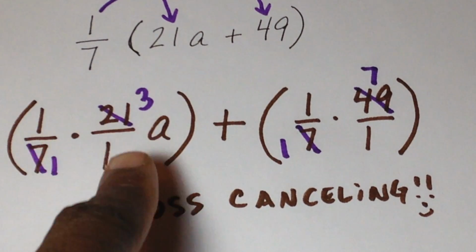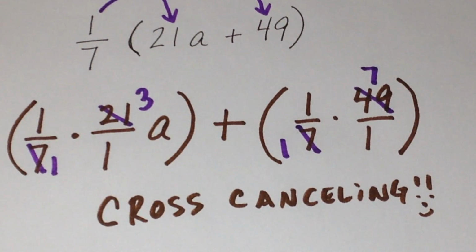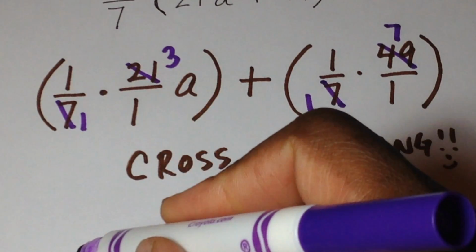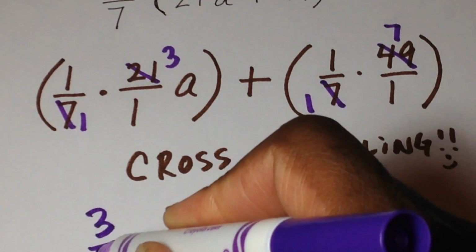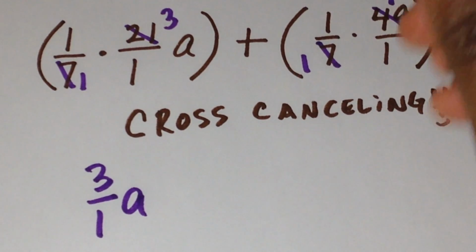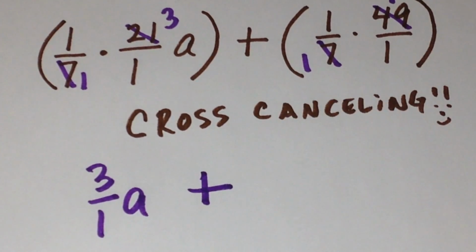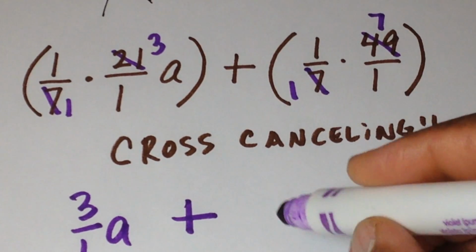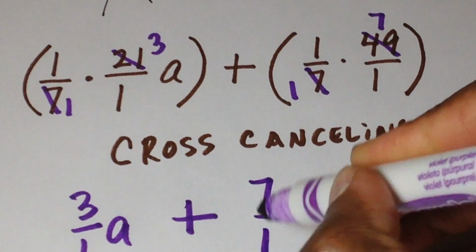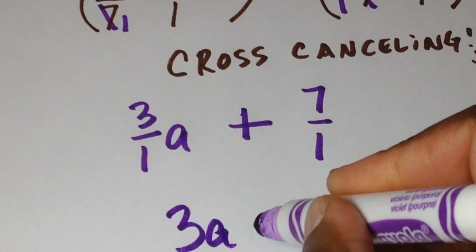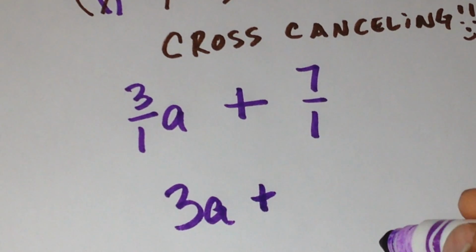So now I'm going to do my multiplication with the new numbers I have here. 1 times 3 is going to give me 3, and 1 times 1 is 1. So that will give me 3 over 1, a. Remember the plus here. And now 1 times 7 is 7, and 1 times 1 is 1, which is 7 over 1. And we know we can simplify that easily, making it 3a plus 7.